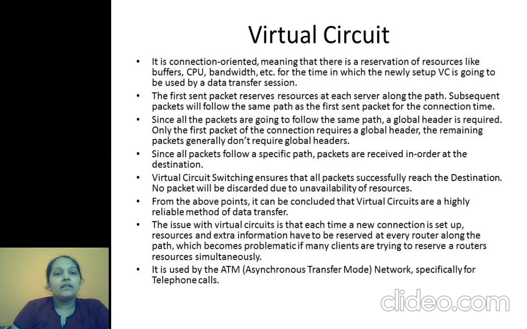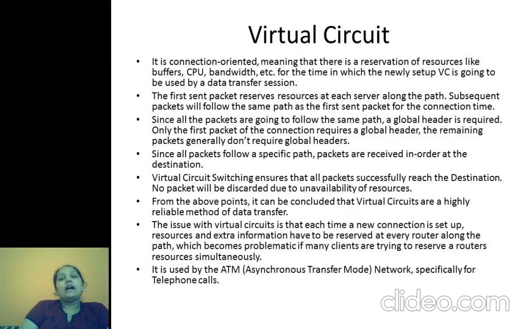Next, all packets follow a specific path. Packets are received in order at the destination side. Virtual circuit switching ensures all the packets successfully reach the destination. So it can be concluded that virtual circuits are a highly reliable method of data transfer.